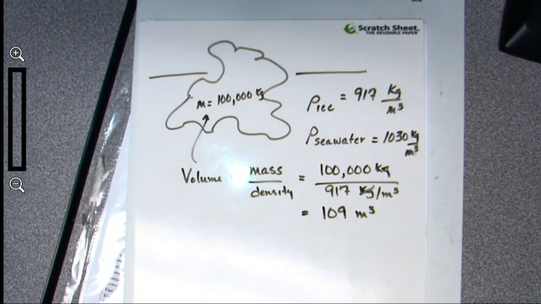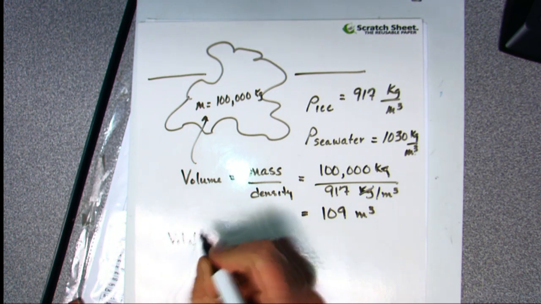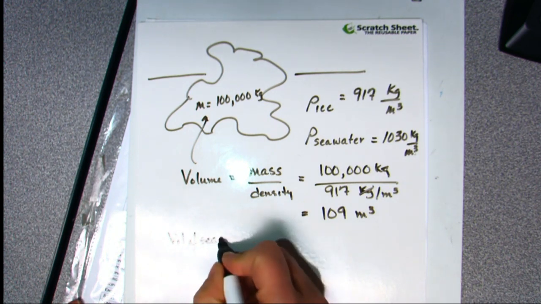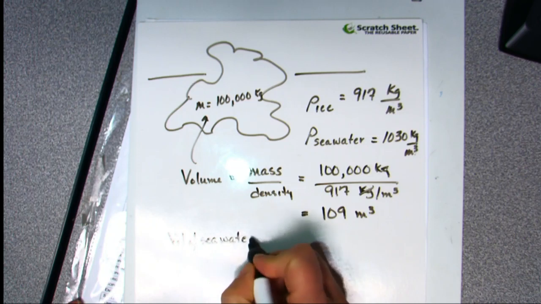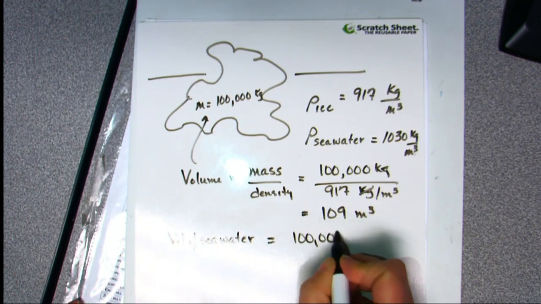Now Archimedes' principle says that the volume of fluid displaced is going to be related to its density. So the volume of seawater is going to still be the mass of the iceberg.